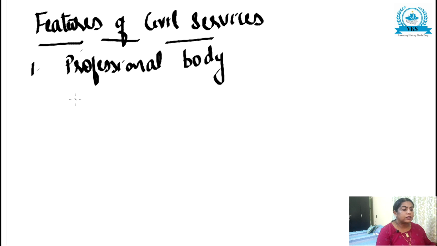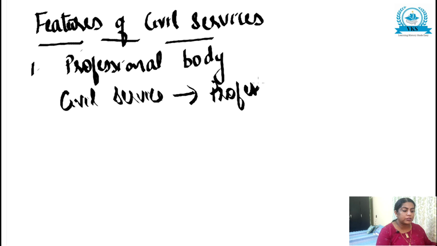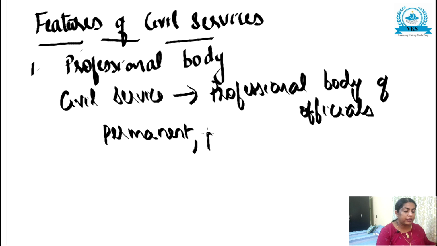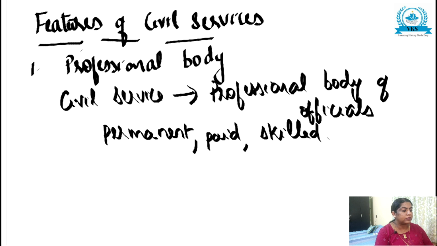Civil service consists of a professional body of officials, and these officials are permanent, paid as well as skilled. That is the first feature of civil service.